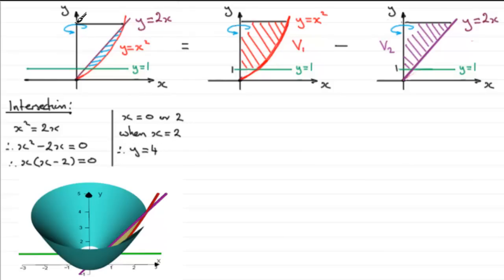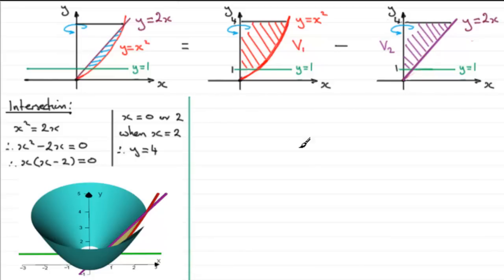So we now know that this y value up here is going to be 4. So we're going to need to work out our volume between the limits y equals 1 and y equals 4. We'll pop it in there as well. Okay? So when it comes to working out now, let's just border this off first of all.